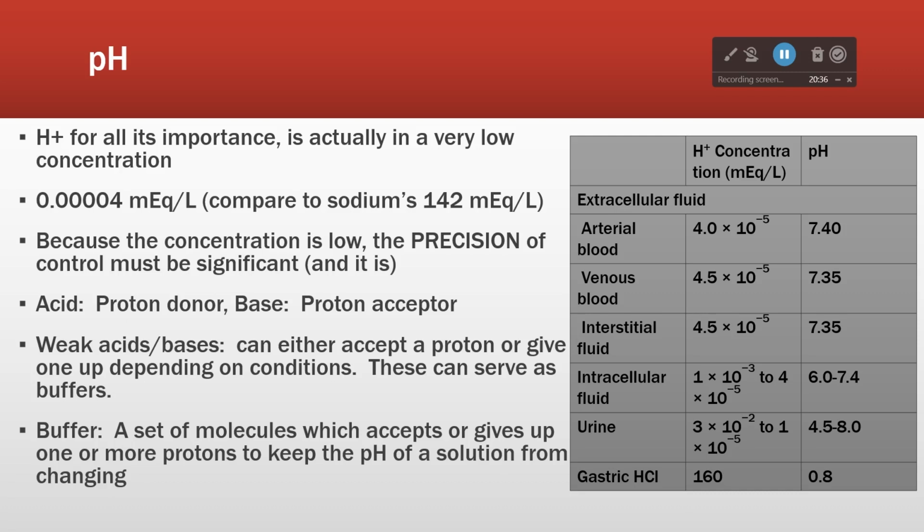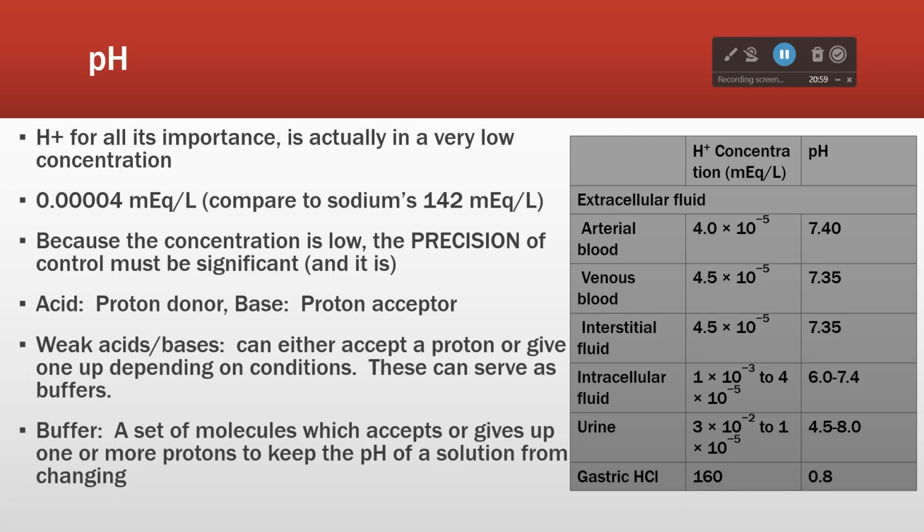If you compare that to sodium's concentration, you can see that there's literally like 1,000,000 times more sodium ions than there are hydrogen ions. But hydrogen ions play that significant role with water that creates the acid-base paradigm, right?